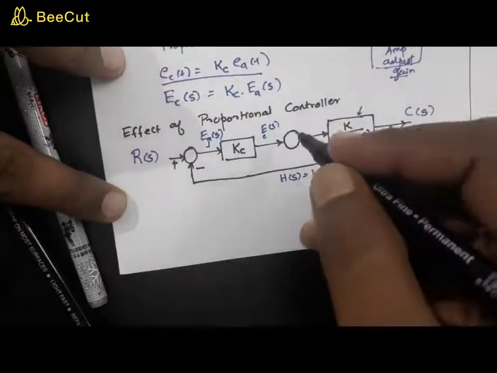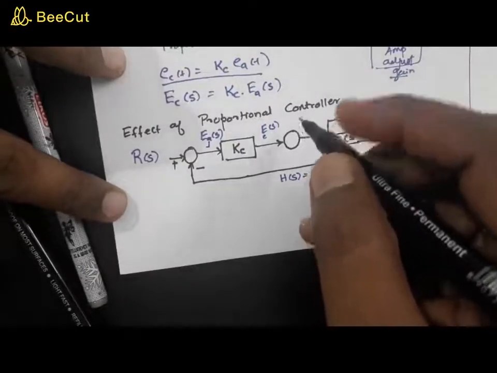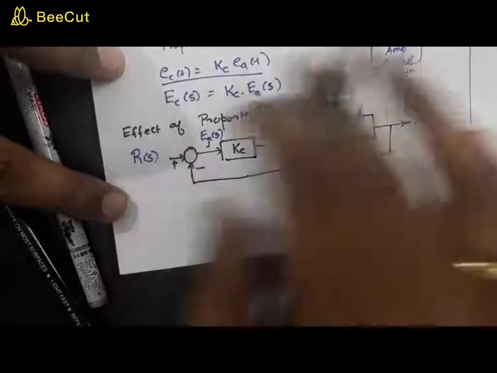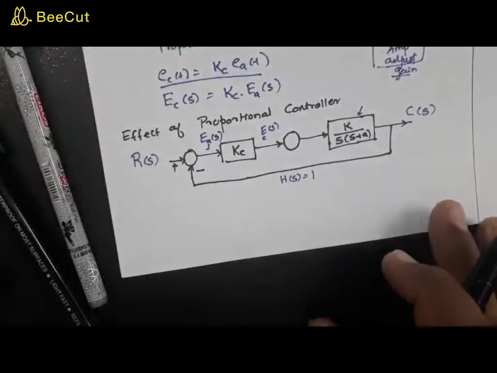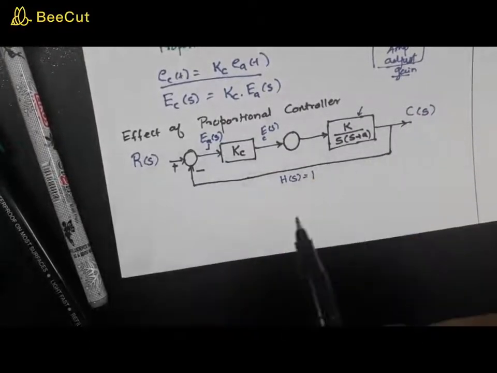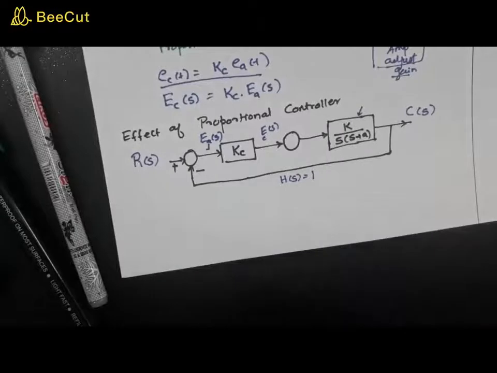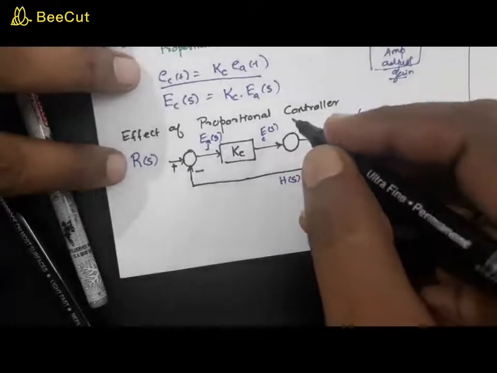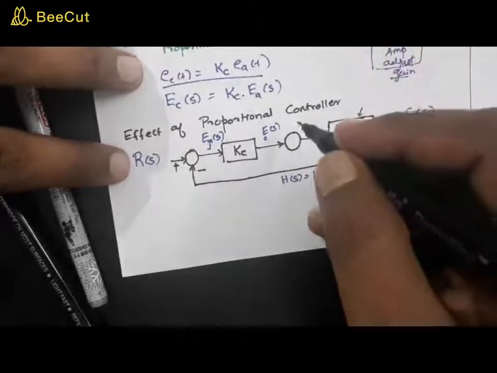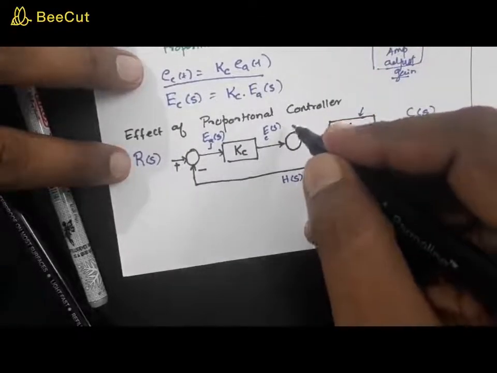Now we have one more summer over here. This is a particular system, where this process is being controlled by this proportional controller. To study the case, we need to give some disturbance to the system.